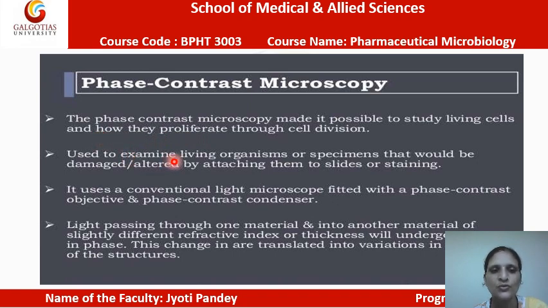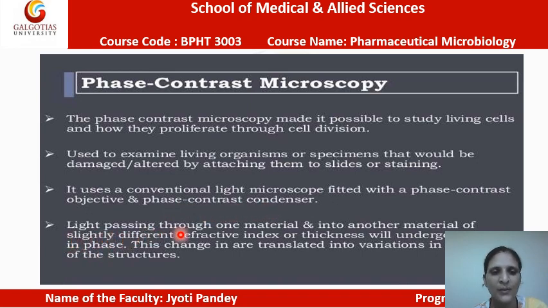It is also used to examine living organisms or specimens that would be damaged or altered by attaching them to a slide or staining. It uses a conventional light microscope fitted with a phase contrast objective to see the phase contrast images.